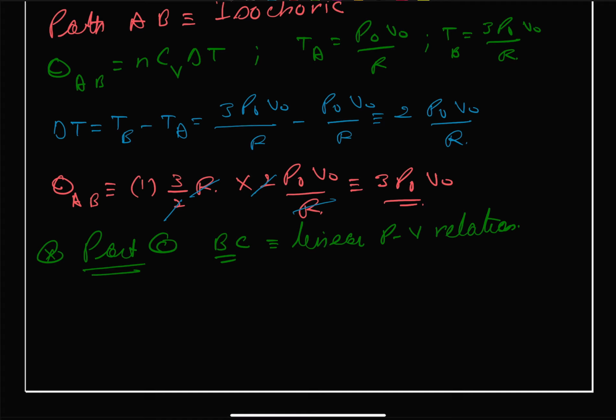And we can use the first law of thermodynamics, which gives that Q of BC will be equal to delta U of BC plus work done in BC. So let's find out our work done.